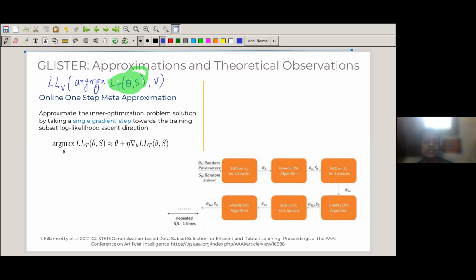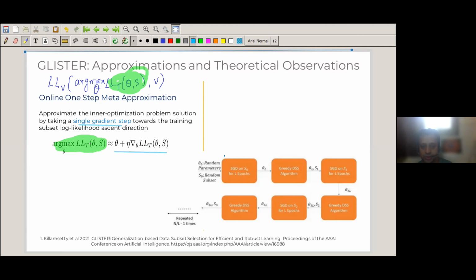So this argmax over theta of LLT, you approximate. Don't use the exact version. What approximation are you using here? You're saying, well, let me do the single step gradient. Imagine that I started with the previous theta and did a gradient descent update step on that subset S.